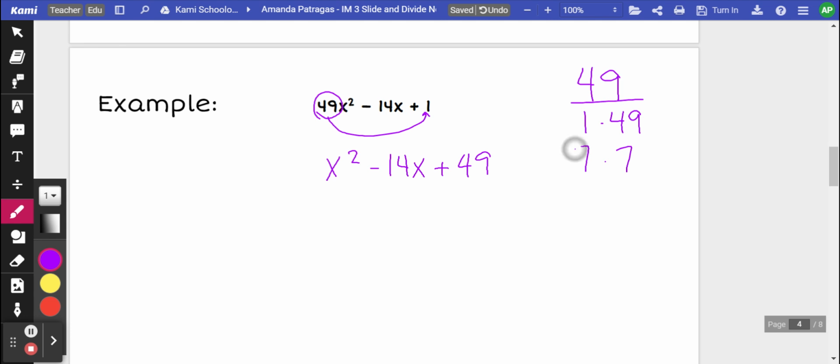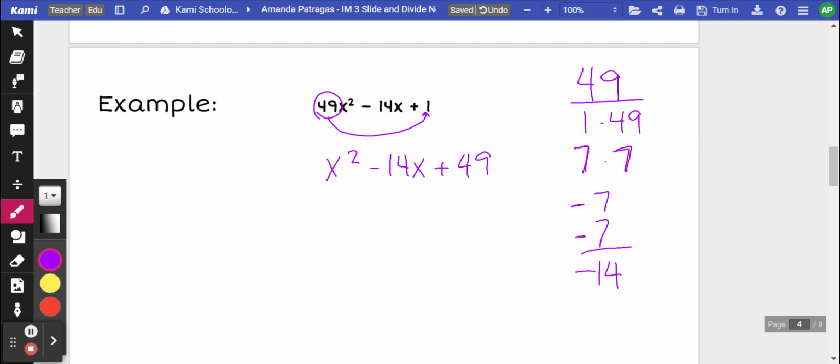So now that I have a 7 here and my next number is a 7, I know that I've got everything I can. So which one can give me a negative 14? 1 and 49 or 7 and 7? Well, 7 and 7 can give me a positive 14 if they were both positive. Since I want them to add, but I need them to add to a negative, they both have to be negative.